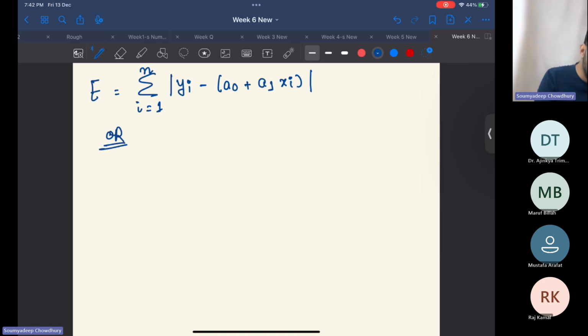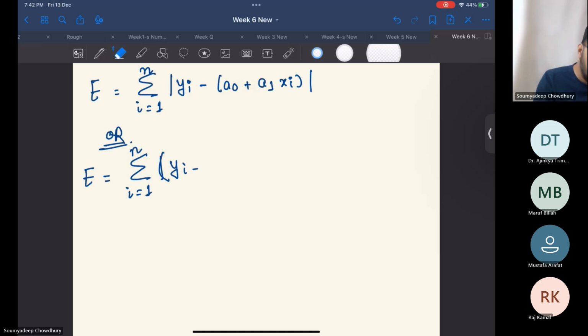Or you can also use another formula, which is the sum of the squares of the error. So it is basically the summation from i equals 1 to n of the square of yi minus (a naught plus a1 xi).